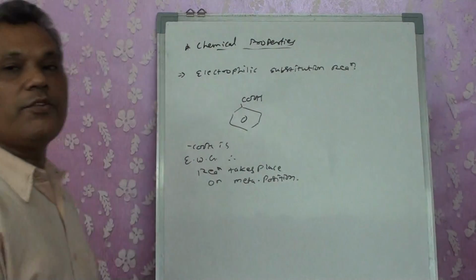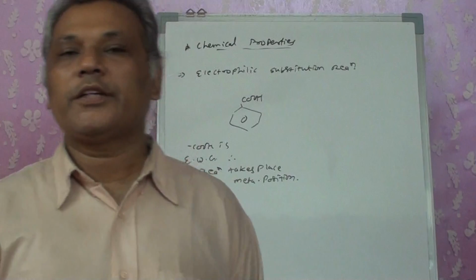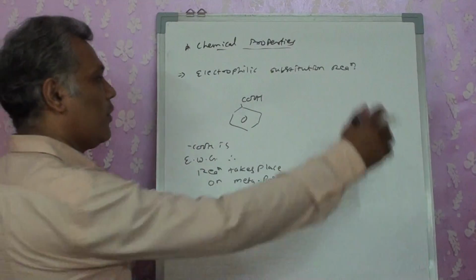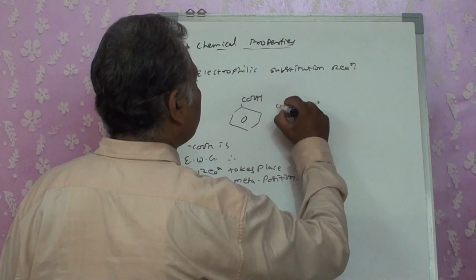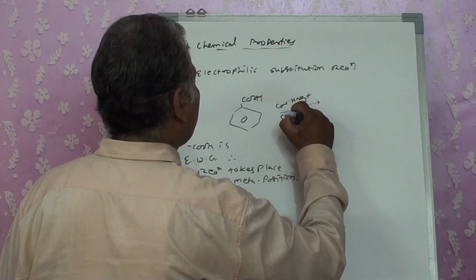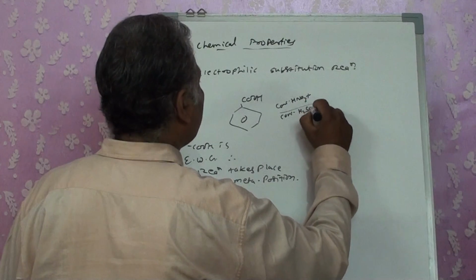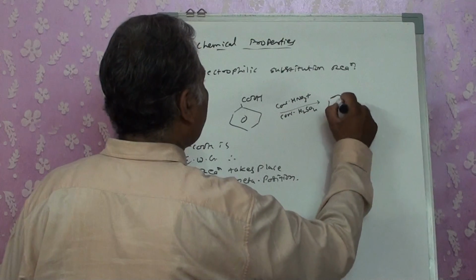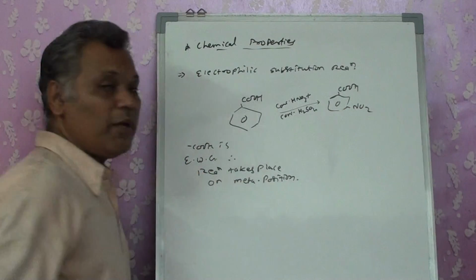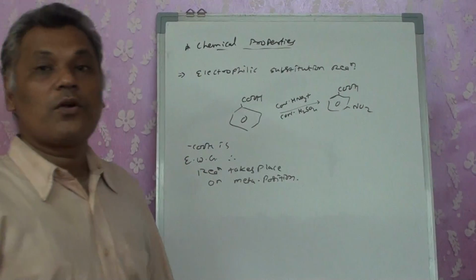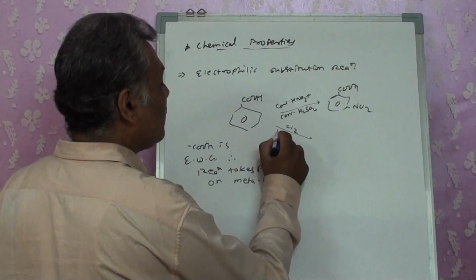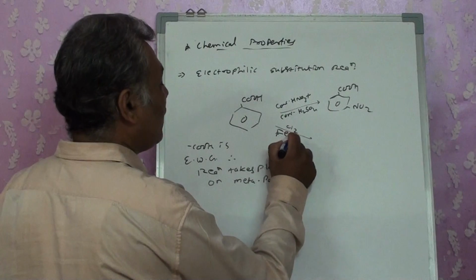So whatever reaction we are going to carry out, because COOH is a meta directing group, if it is nitration, then concentrated HNO3 plus concentrated H2SO4, the reaction is going to take place on the meta position. Maybe nitration, maybe chlorination, if we are doing it with Cl2 in presence of FeCl3.